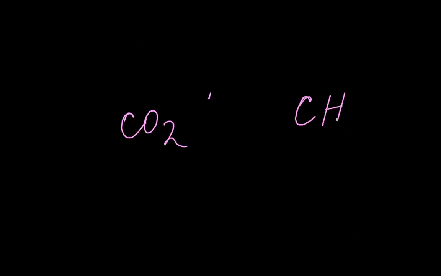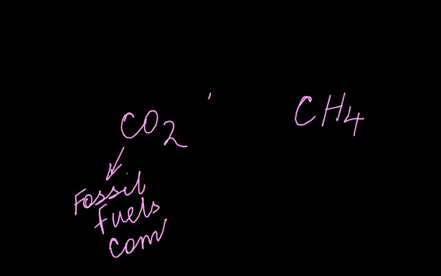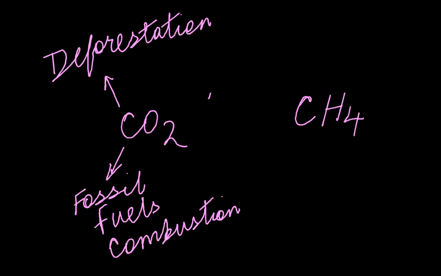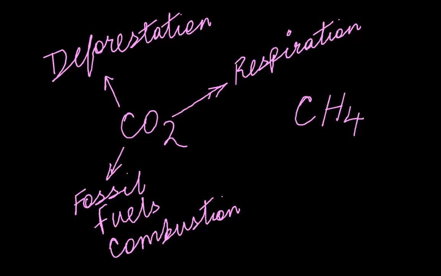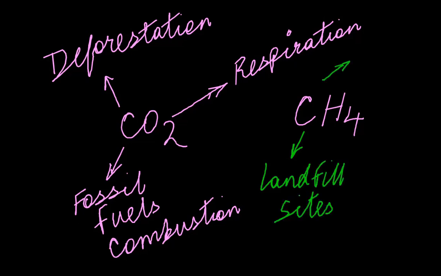CO2 and methane. See, CO2 concentration increases by burning of fossil fuels. Combustion, right? What else? Deforestation and increased respiration. These are factors which could increase CO2 concentration. Now, methane concentration can increase due to landfill sites and cattle, cows, sheep, goats.